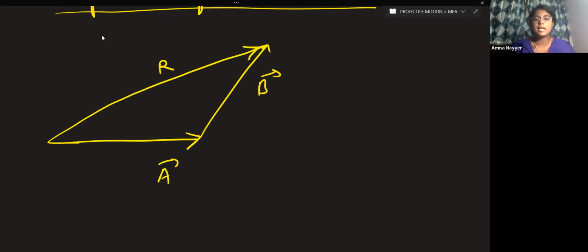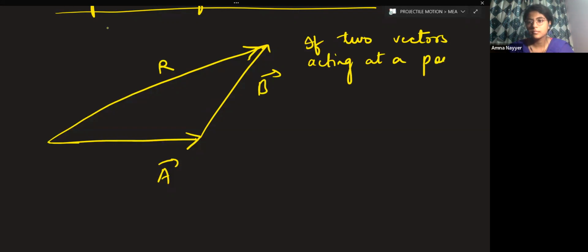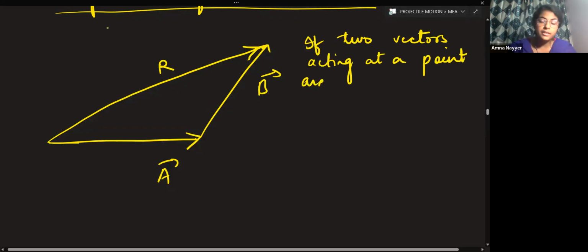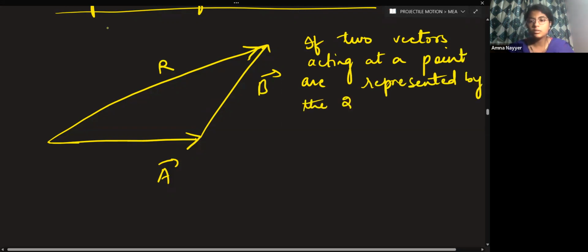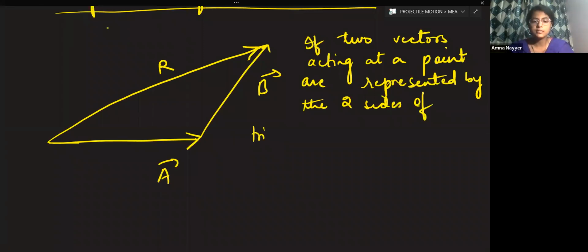Triangle law basically says that if two vectors acting at a point are represented by the two sides of a triangle, fine, two sides of a triangle.